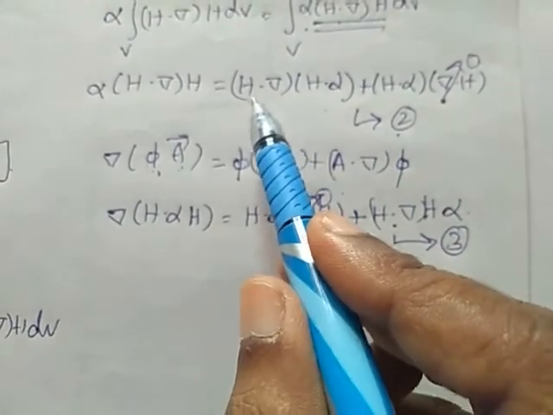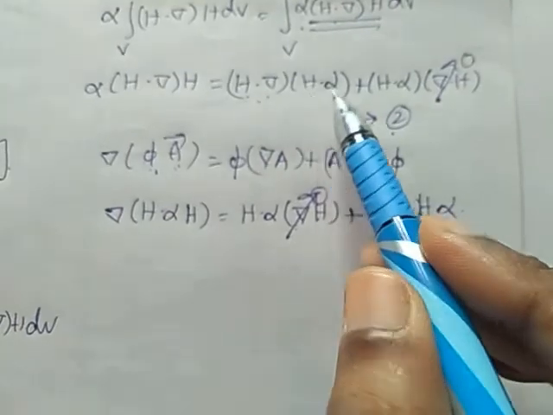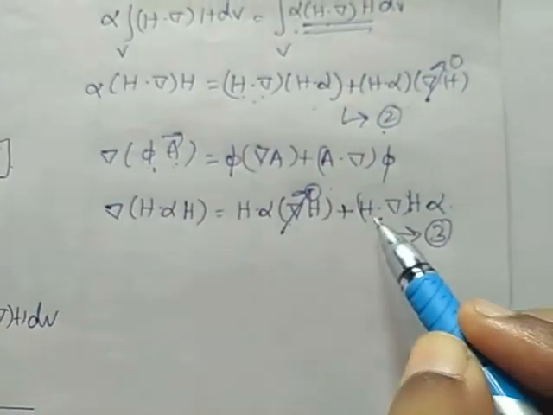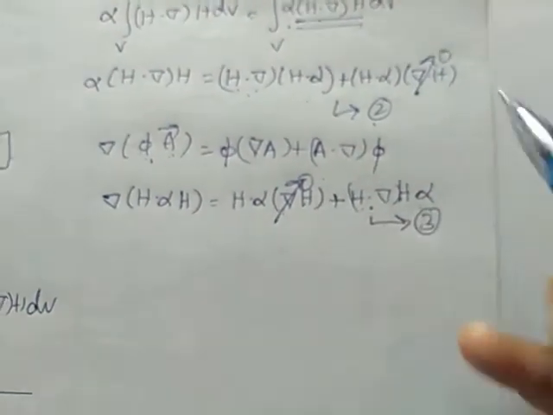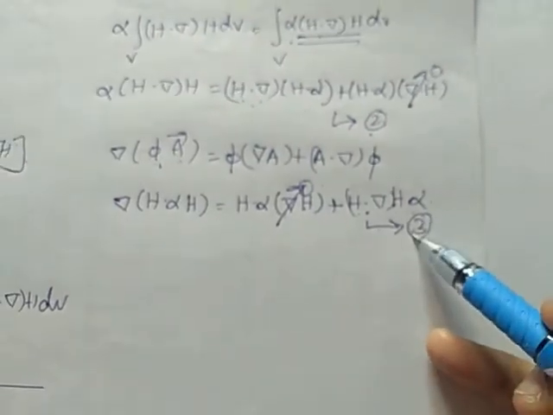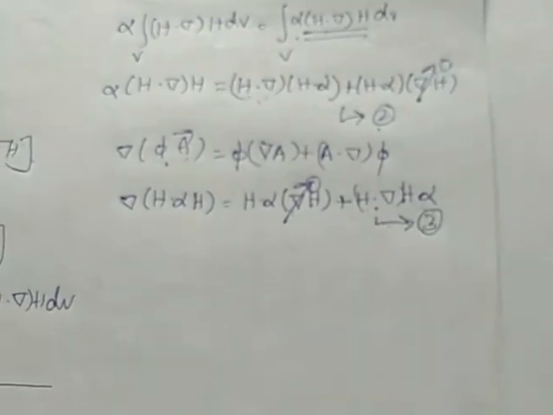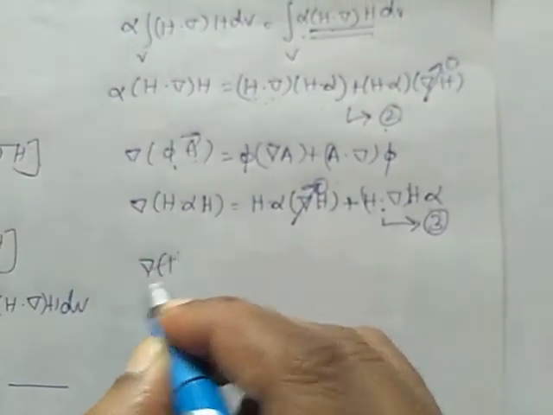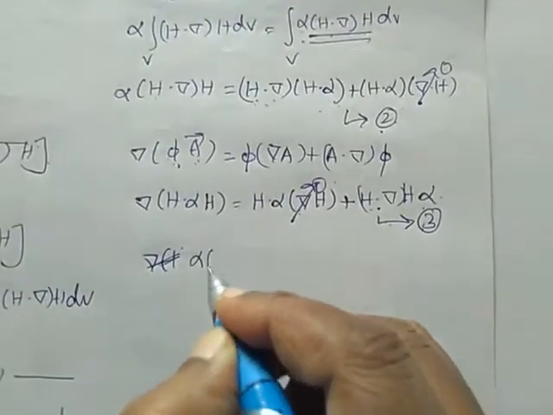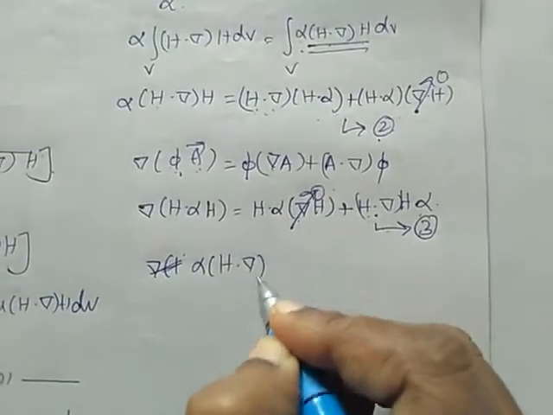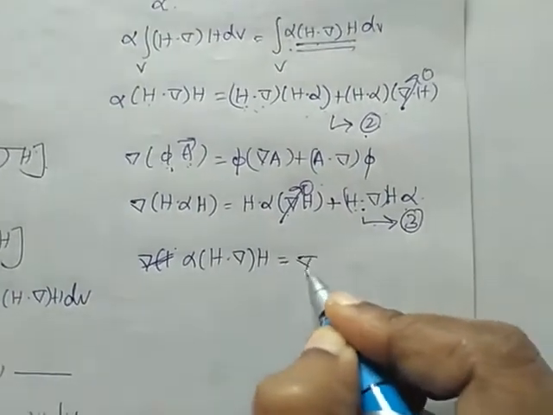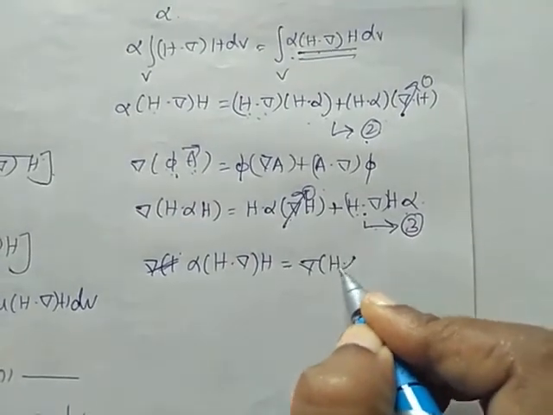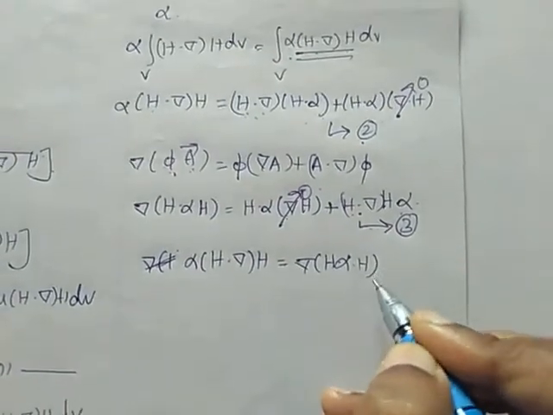Equation 2 is also h dot del into h alpha, and equation 3 also has h dot del h alpha. So from equations 2 and 3, if LHS is equal, RHS should be equal. Therefore we will get del of alpha h dot del h is equal to del of h dot h alpha dot h.